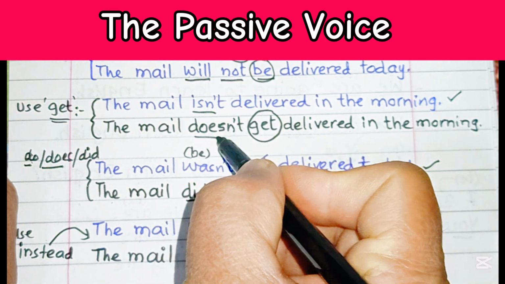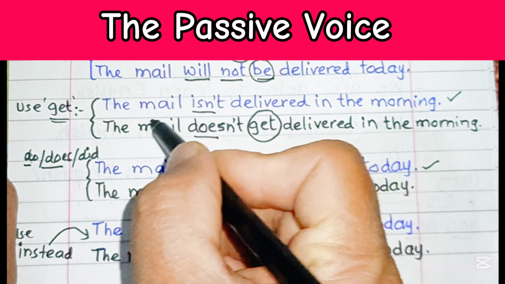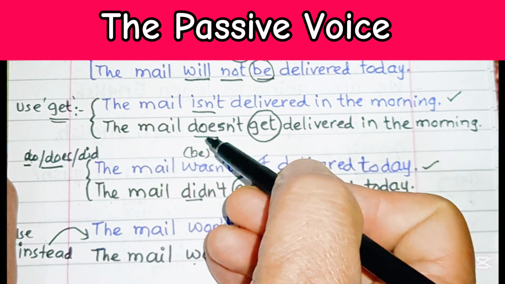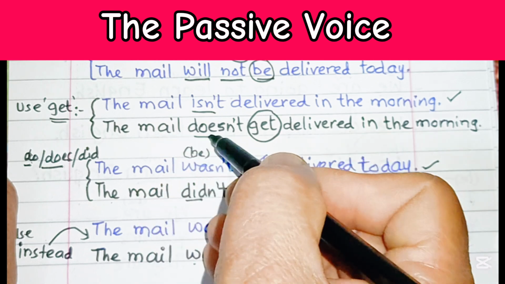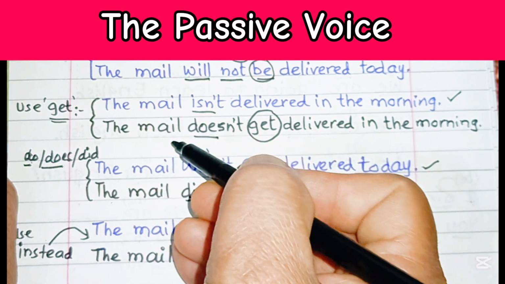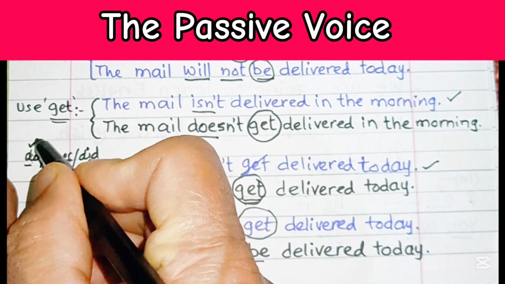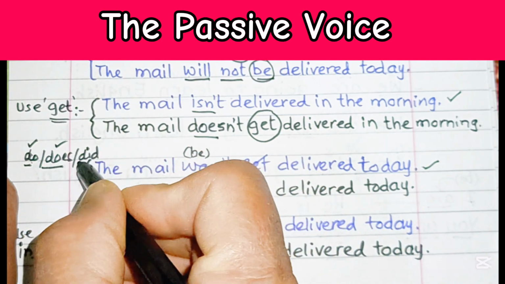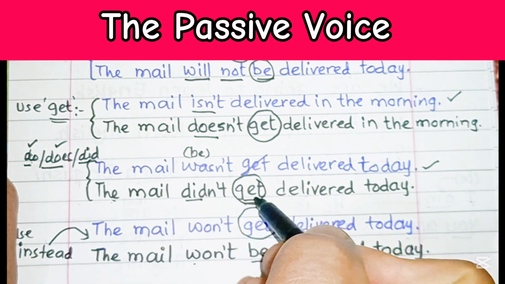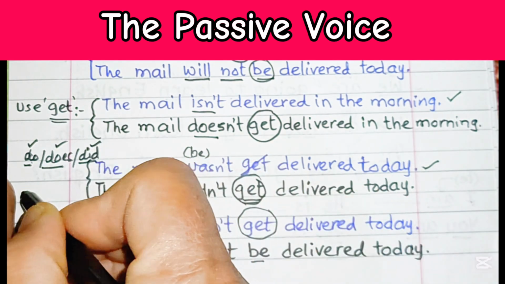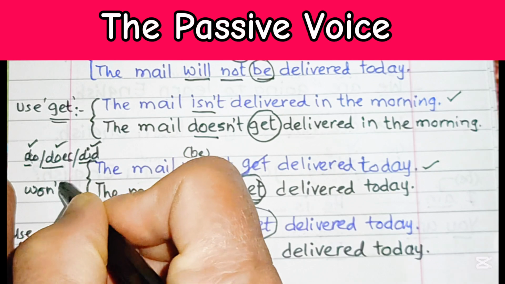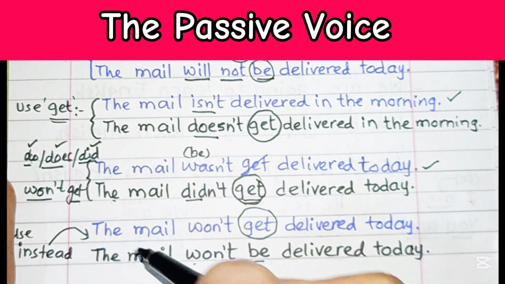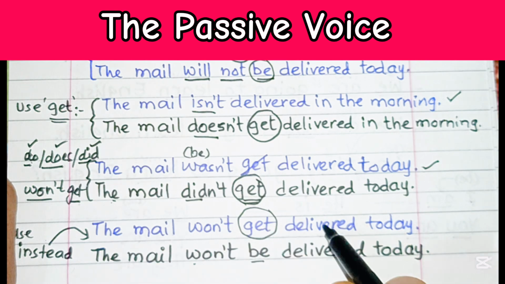But in present, we can use does that matches the subject. If the subject changes and it gets plural, like the mails don't get, then we can use do. And for this one, does is the right choice. And for the past, the mail didn't get delivered today. And for future, we will use won't get delivered. The mail won't get delivered today.